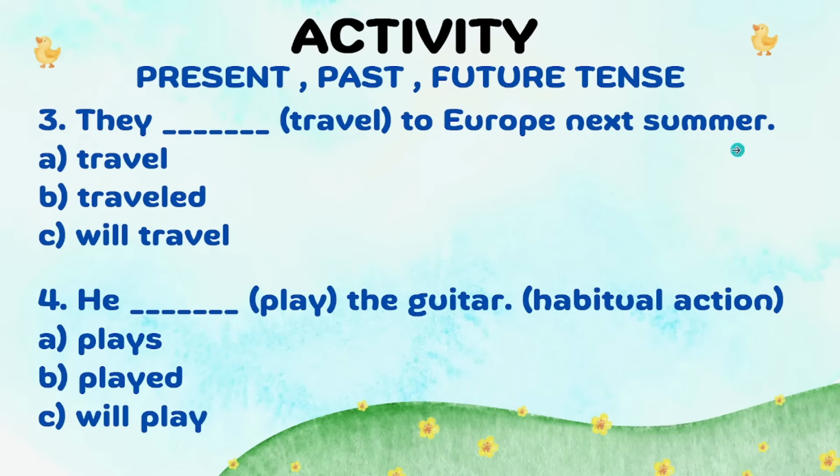Okay? Next. Here, for number 4, he. Habitual action. It's presently doing now. So, it's present tense. He plays. Okay? The guitar.